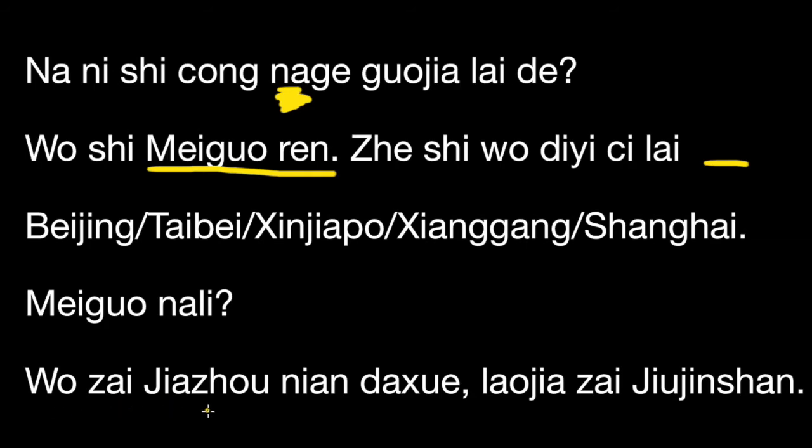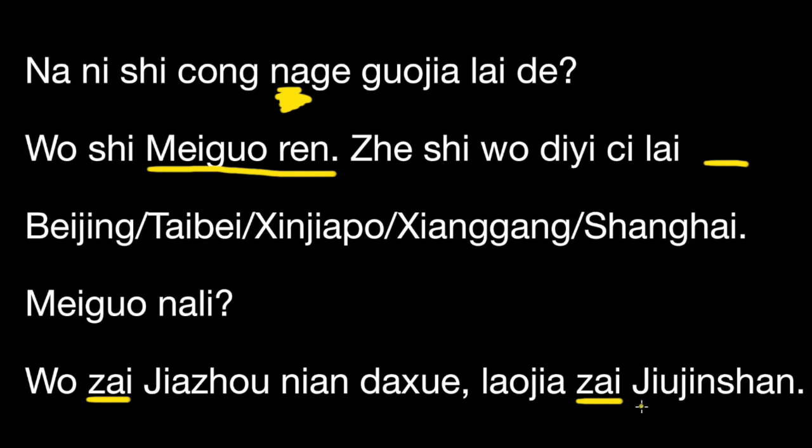So I at California study university. 老家 means the place where I grew up. 在旧金山, it's the same 在 as here. So we have this verbal preposition or preposition to be at or at. So where I grew up, or the place where I grew up, is at Jiujinshan, is the Chinese way of saying San Francisco. So 我在加州念大学，老家在旧金山。I'm studying my university at California, or in California, and I grew up in San Francisco.